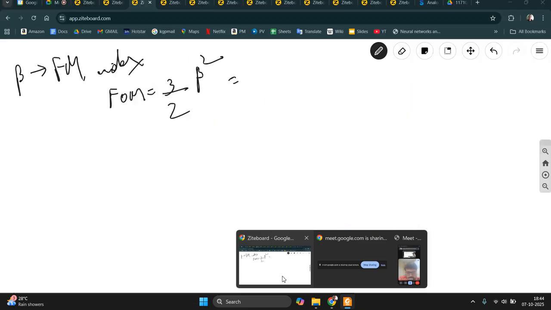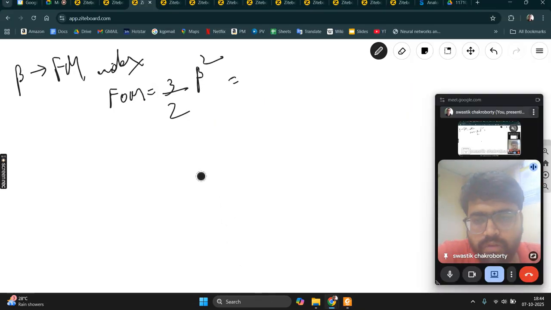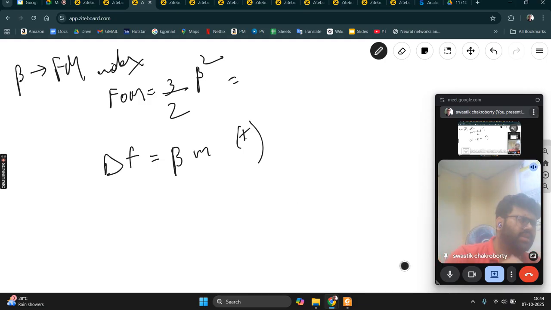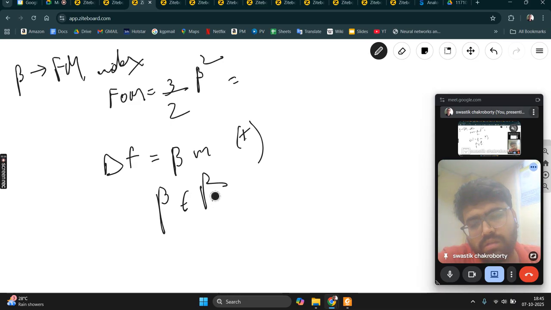Now, delta f is equal to beta into m(t). So this beta does not have any restriction because it is something that is converting frequency from volts. So beta has no restrictions. Beta can be anywhere in the positive number scale. So 3 by 2 beta square can also be anywhere in the positive number scale.